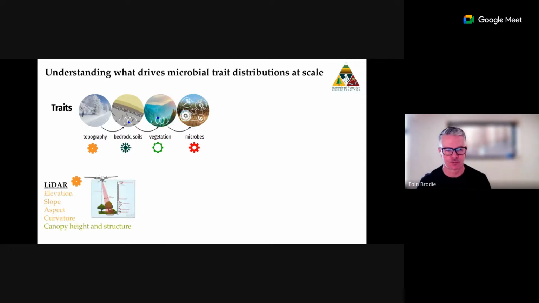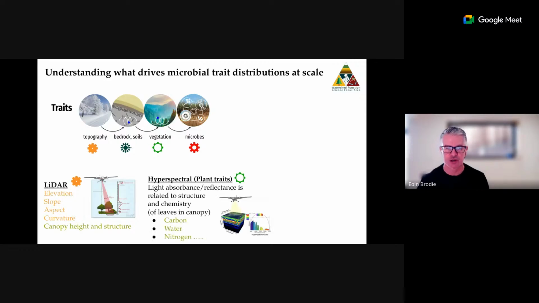And we're building approaches to observe the landscape and parameterize these models using real-world observations. So we're using aircraft and satellite-based LiDAR to give us the elevation, slope, aspect, curvature, vegetation, canopy height, and structure. We're using hyperspectral data to represent the plants themselves, the canopy, so that we can identify the types of plants.